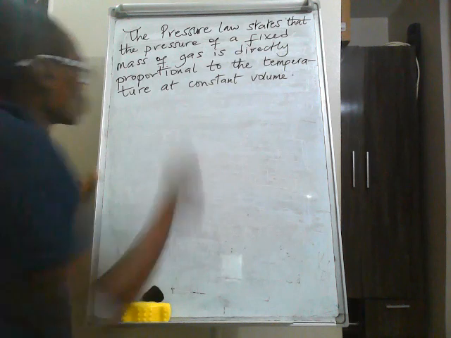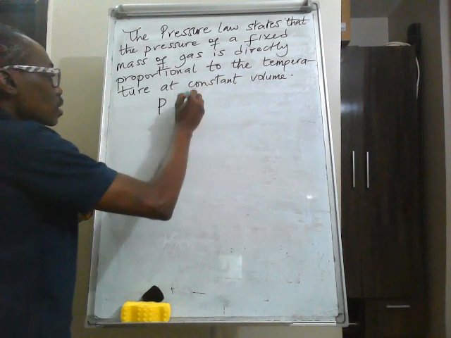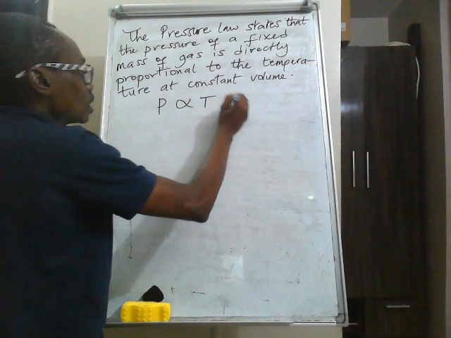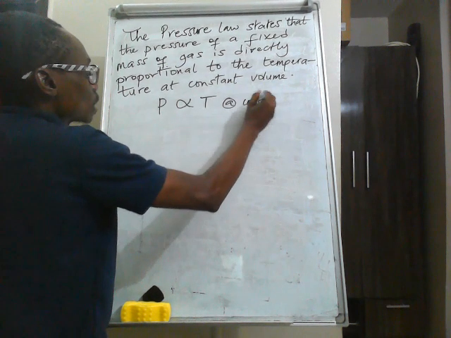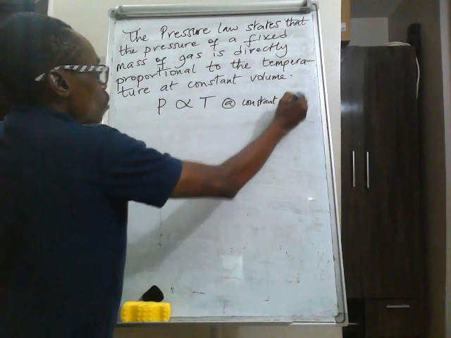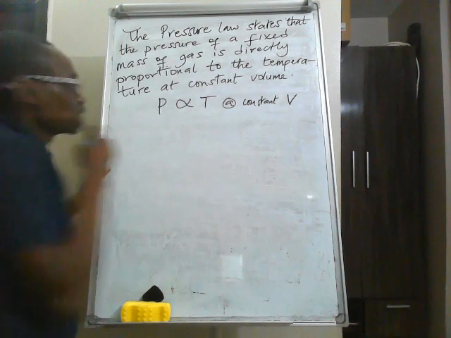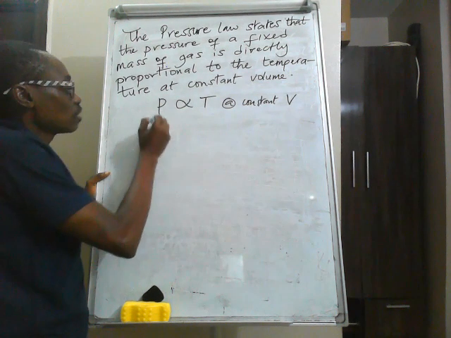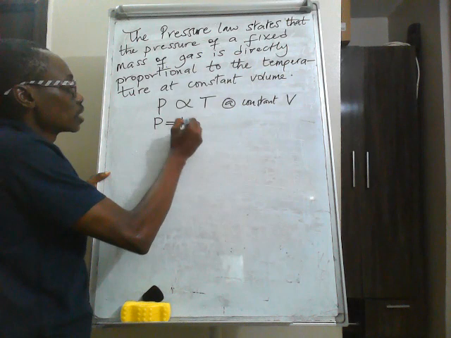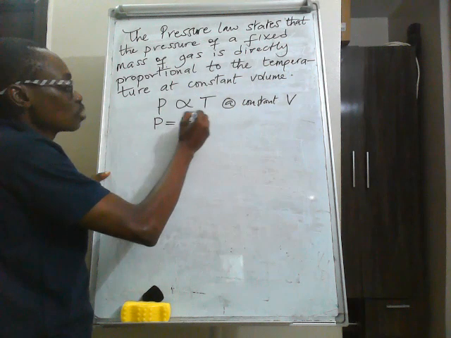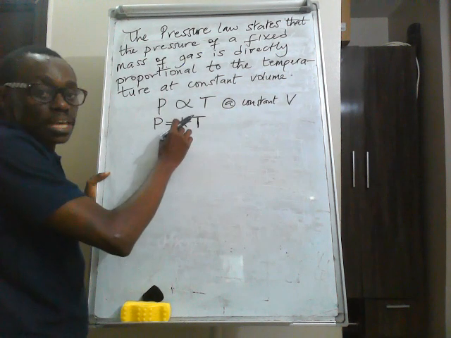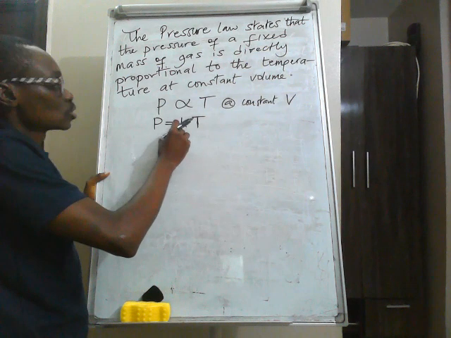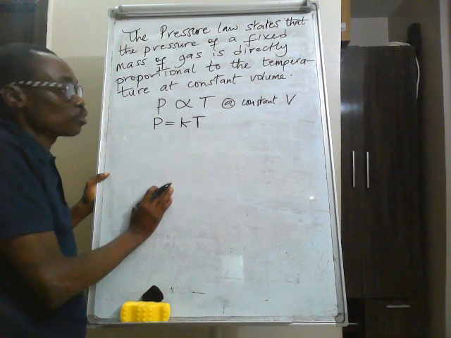So mathematically, that is P is directly proportional to T at constant volume V. Now I'm going to introduce a constant of proportionality. We have that P equals KT. Our constant of proportionality is K. So we make K the subject of the formula next.